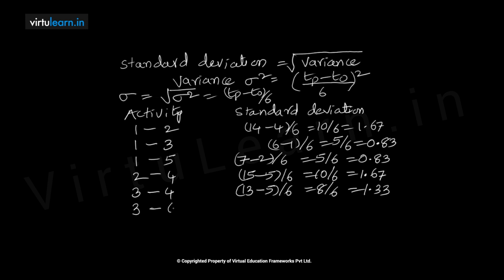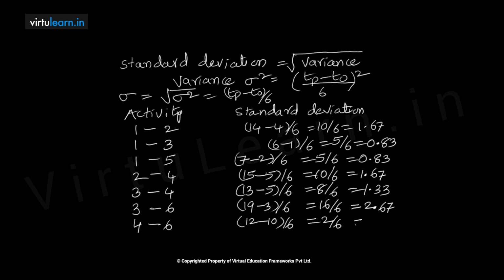Then 3 to 6, that is 19 minus 3 by 6, equal to 16 by 6, equal to 2.67. Then 4 to 6, that is 12 minus 10 divided by 6, that gives us 2 by 6, that is nothing but 0.33.